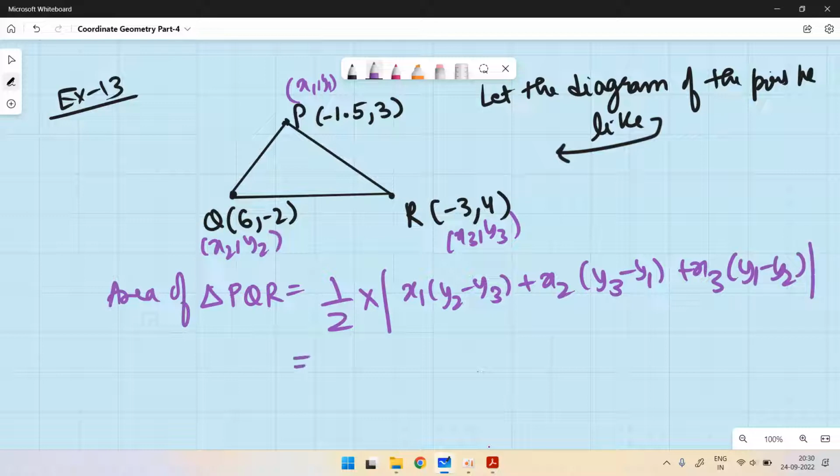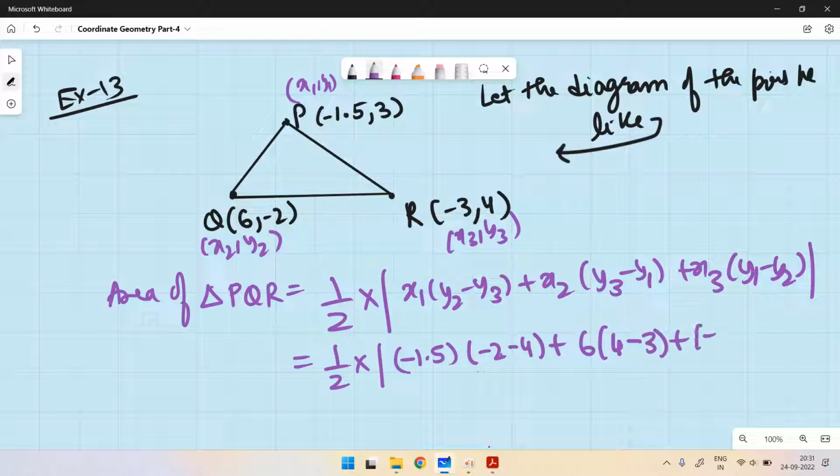This is half into x1, which is minus 1.5, into y2 minus y3: y2 is minus 2, y3 is 4, so minus 4, plus x2, which is 6, into y3 minus y1: y3 is 4 and y1 is 3, plus x3, which is minus 3, into y1 minus y2: y1 is 3, y2 is minus 2, so minus of minus 2, modulus.